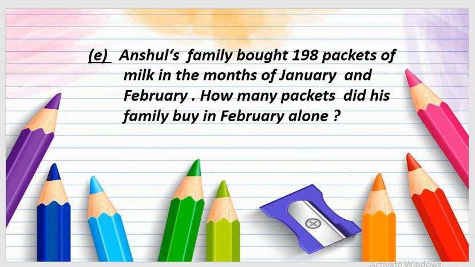Anshul's family bought 198 packets of milk in the months of January and February. How many packets did his family buy in February alone? Okay, so let me read the question again.